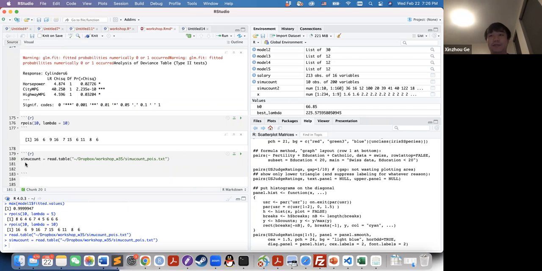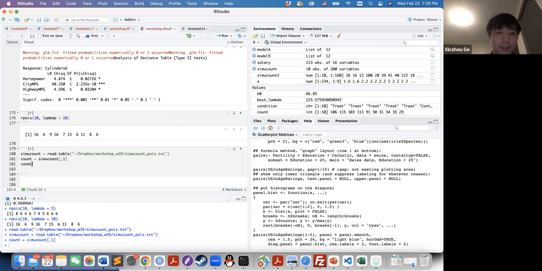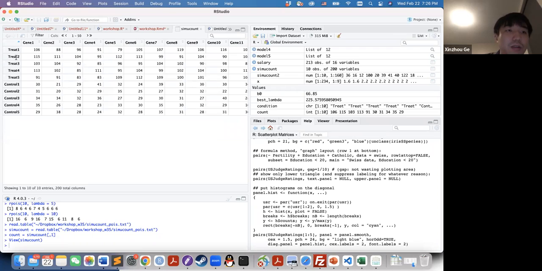And then we want to look at the first gene, so we first get the count of that gene. We make count a vector, count equals the first column of that matrix. And we make condition. If we look at the simu count matrix, we can see that we have 5 treatment samples and 5 control samples.